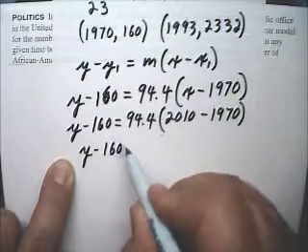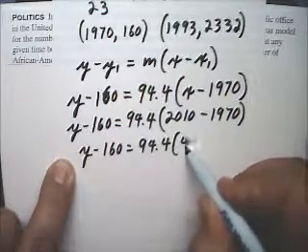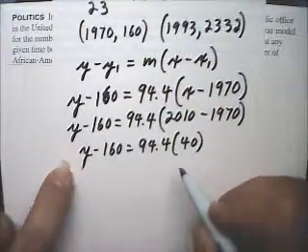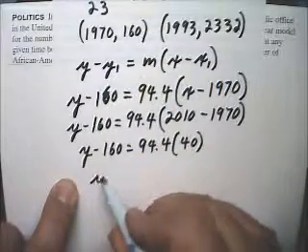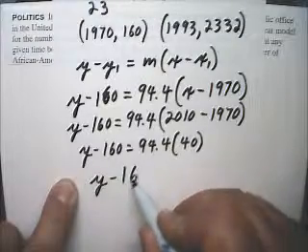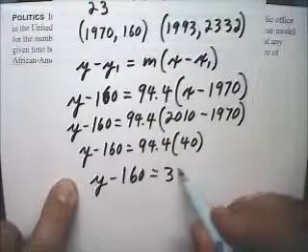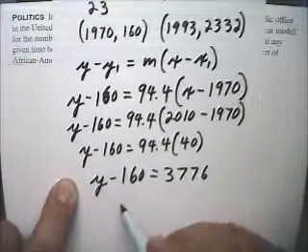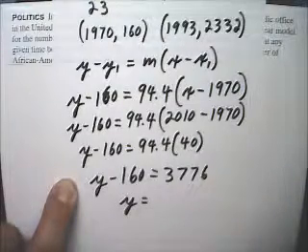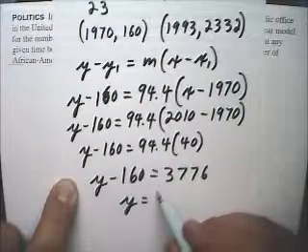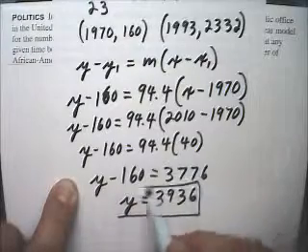So we get y minus 160 equals 94.4 times 40. 94.4 times 40 is 3776. So y minus 160 equals 3776. And now when we add 160 to both sides, we get y equals 3936. And that's the answer they were looking for.